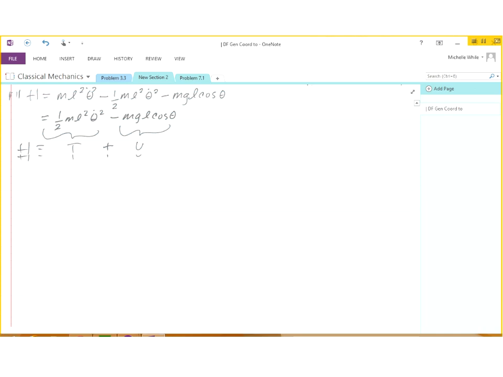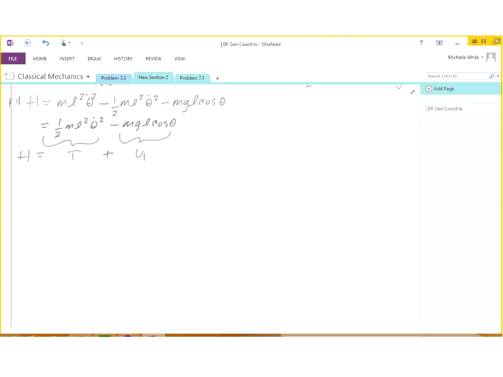Okay. Well, we know we want to get rid of the theta dot and express this in terms of momentum. So from above, we know that mL squared theta dot is equal to the momentum in the theta direction. So let's just solve that for theta dot.